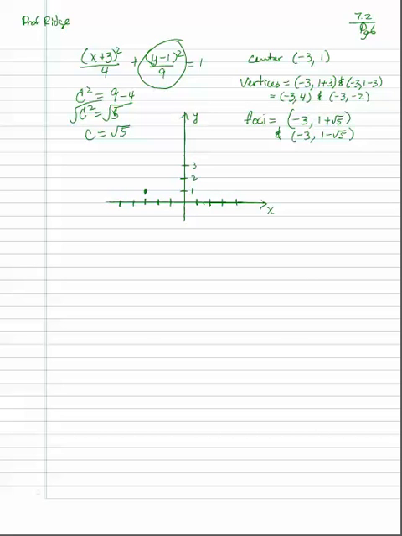Under the x, square root of 4 is 2, so I go +2, -2. Under the y is 9. Square root of 9 is 3, so I go 1, 2, 3, and 1, 2, 3. And then I make my best attempt at an oval.